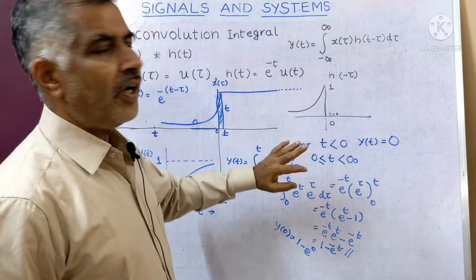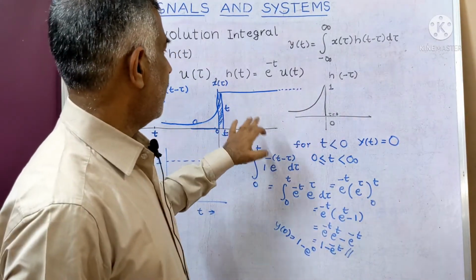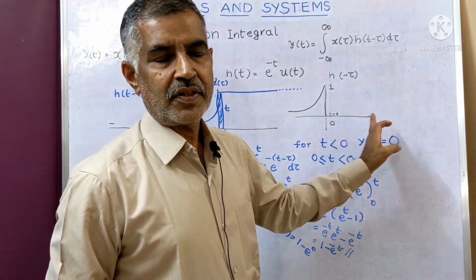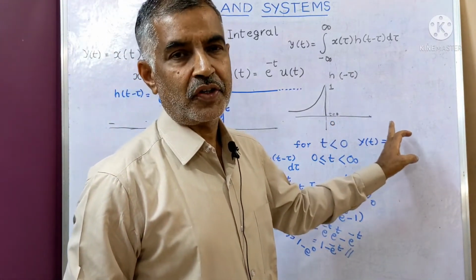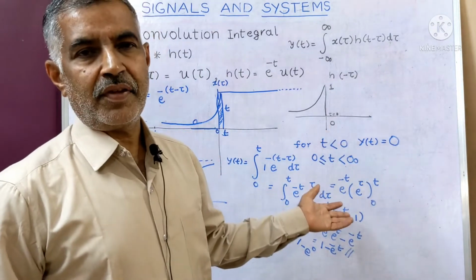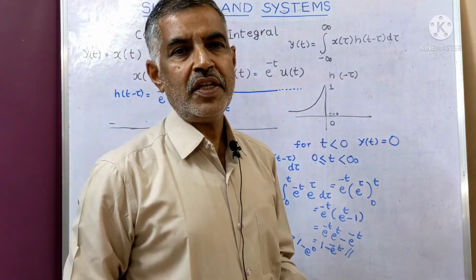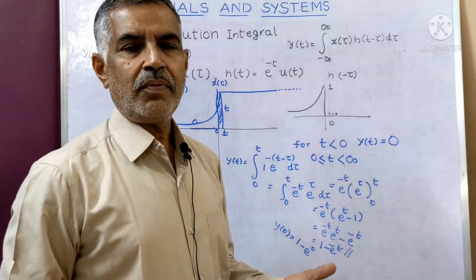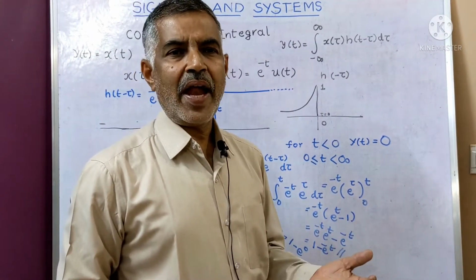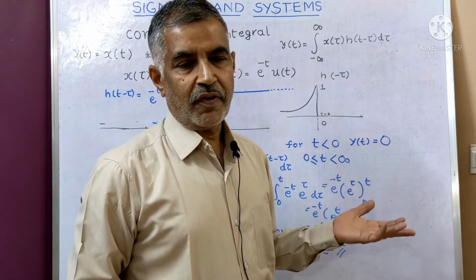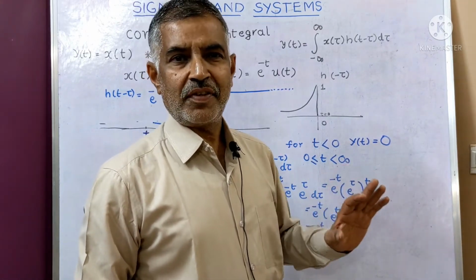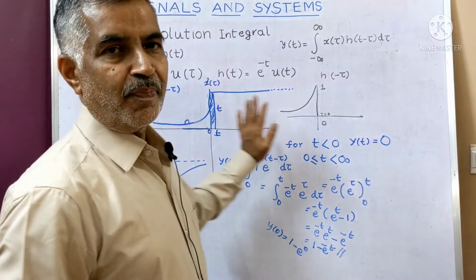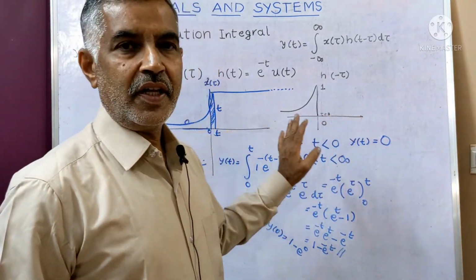I repeated the same problem with the exponential waveform as the moving waveform and the step function as the standing function, and we are getting the same answer. So it is left to the convenience of the student to choose which waveform is stationary and which is moving.